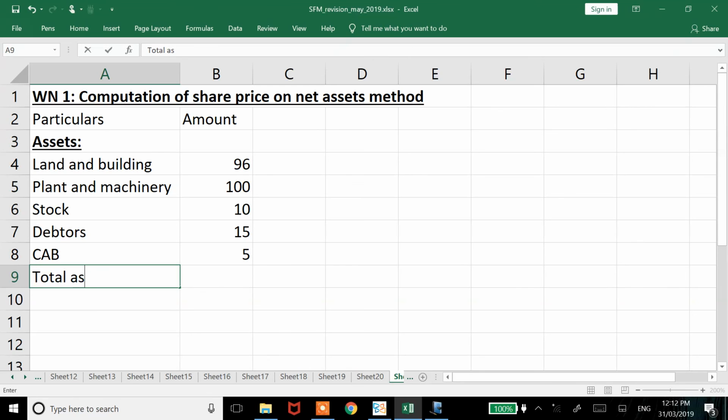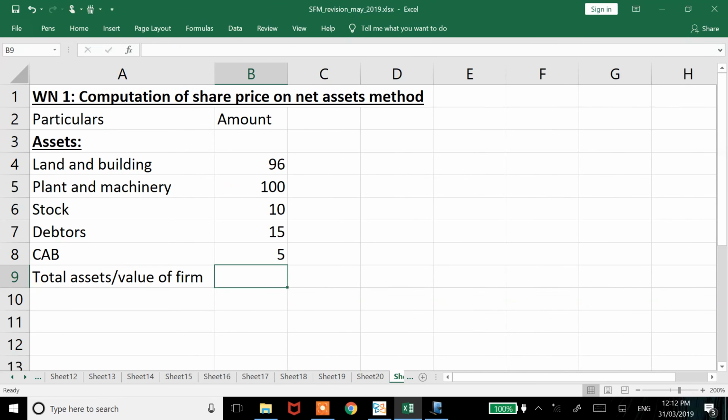Total assets slash value of firm. I don't have any liabilities in this question. Total assets slash value of firm. That is not a liability, that's part of capital employed. From this, if you deduct debt, then you get the value of equity. So this will come for valuation at a firm level. Value of firm is 226. Basically, I'll have to deduct any current liabilities.